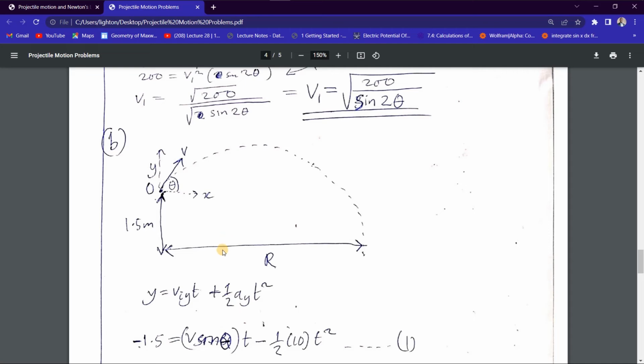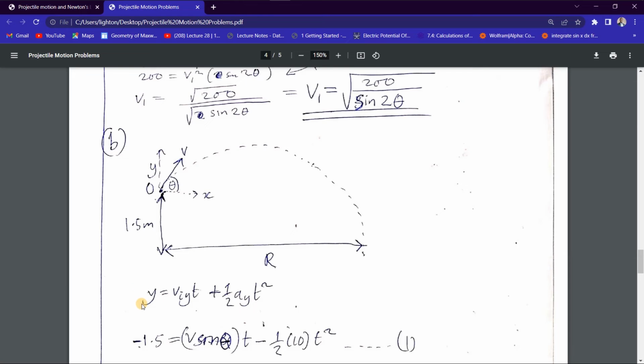Okay, so here we have now y is equal to v_iy t plus half a_y t squared. Okay, so this is the expression which we're using to calculate for displacement.